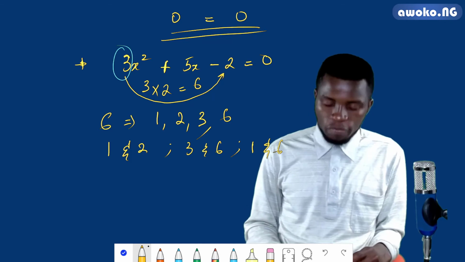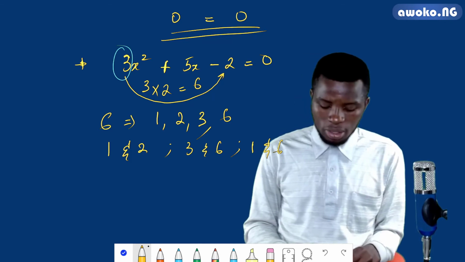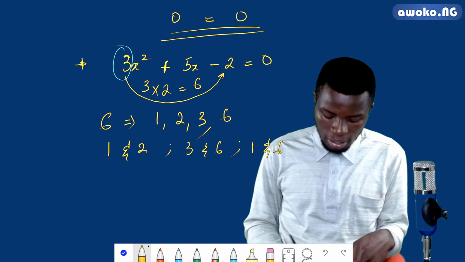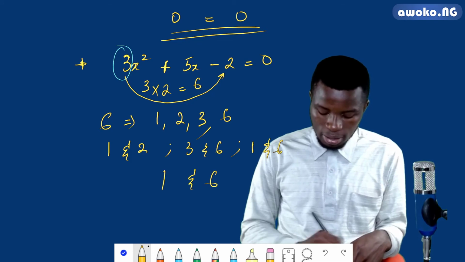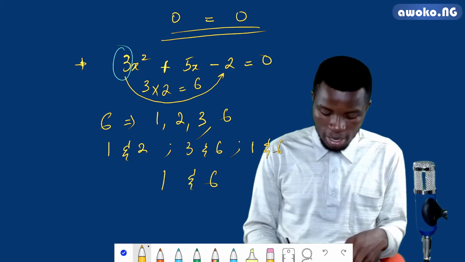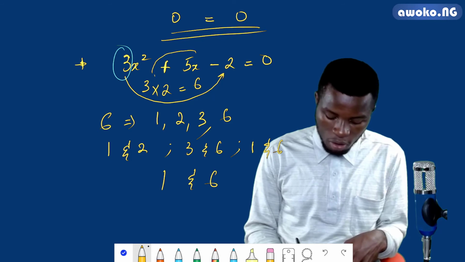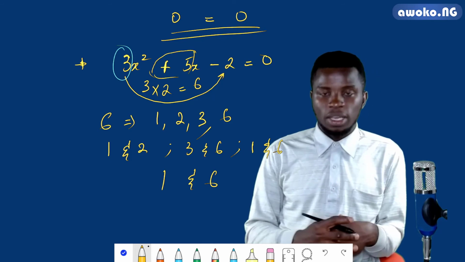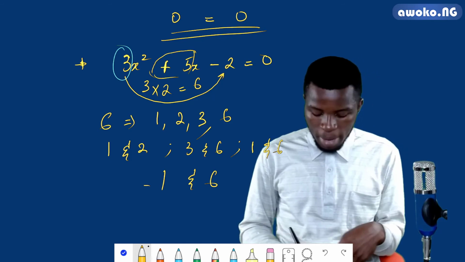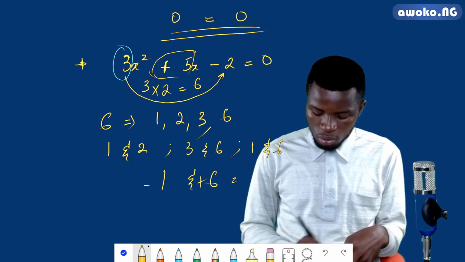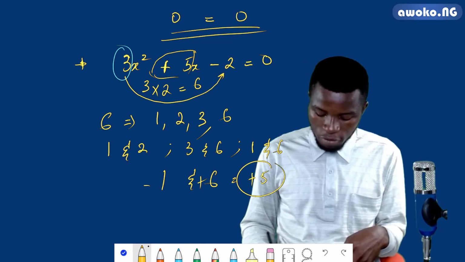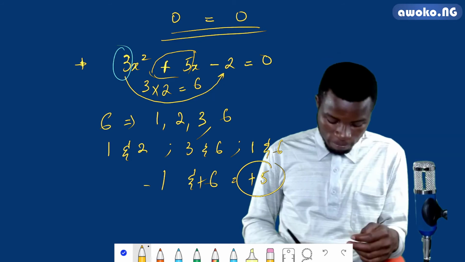But the factors that best explain what happens in this case are 1 and 6. Because with the combined sign, you can get the value for the coefficient of our middle term here, which is plus 5. So minus 1 plus 6 will give us what? Plus 5. Therefore, we can go with minus 1 and 6.